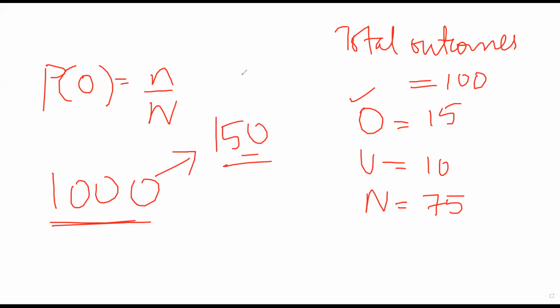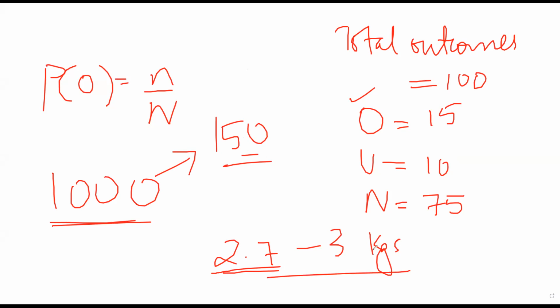What is the normal weight of a baby when they are born? 2.5 to 2.7 is the normal weight. Is there a range? Up to 3, sir. 2.7 to 3, kilos or pounds? Kilos. Okay, so this is the normal weight.